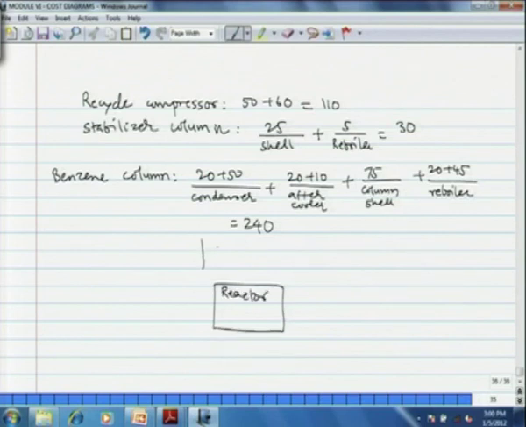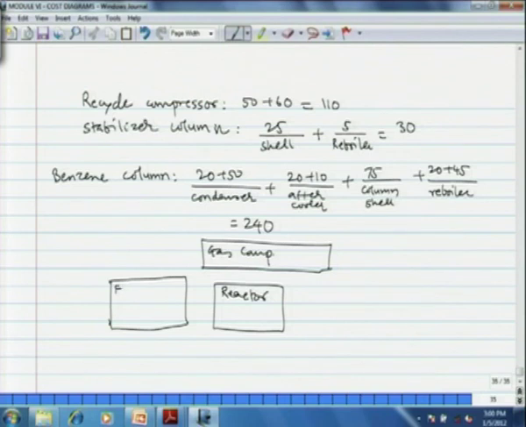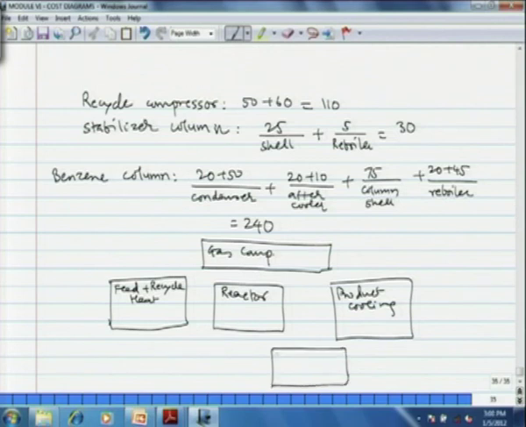Reactor, gas compressor, feed plus recycle heat, product cooling, stabilizer, benzene column, and then we join these things.